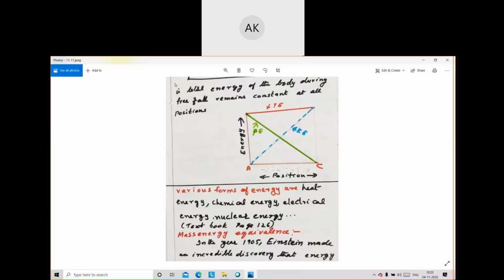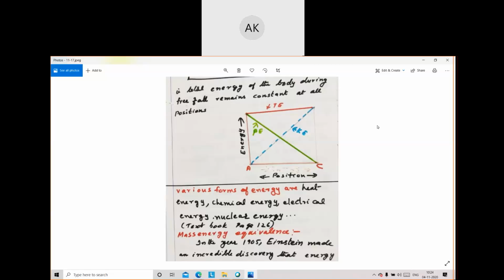Potential energy. What is the equation? Equation for potential energy? Half kx square is for elastic potential energy. This is gravitational potential energy.